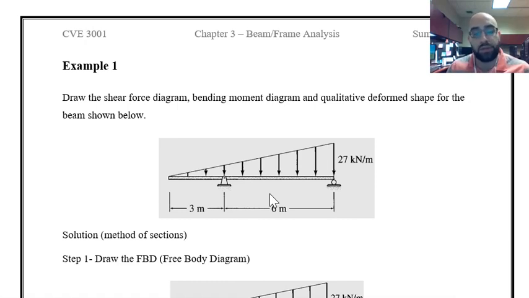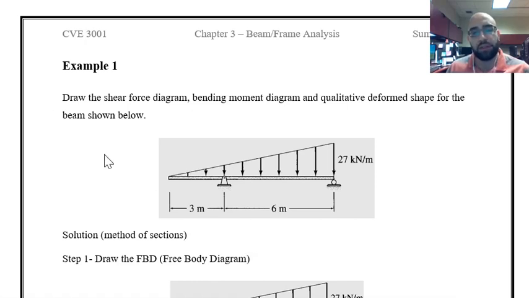I'm going to use the method of sections for this example, and then in the next example I will use the relationships between loading, shear force, and bending moment for drawing the shear force diagram and bending moment diagram.